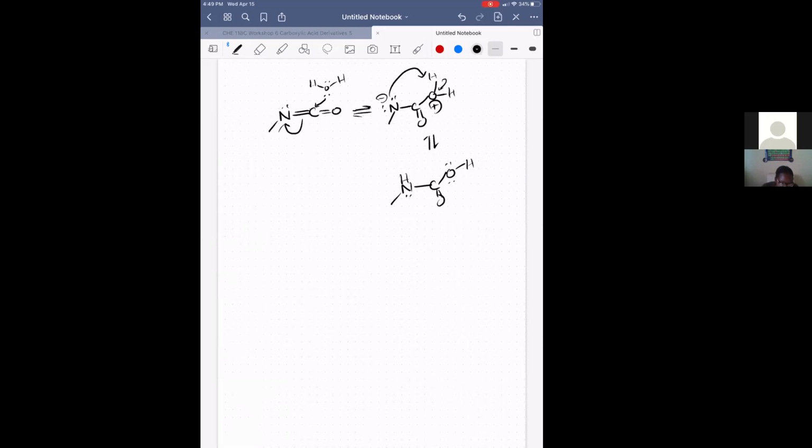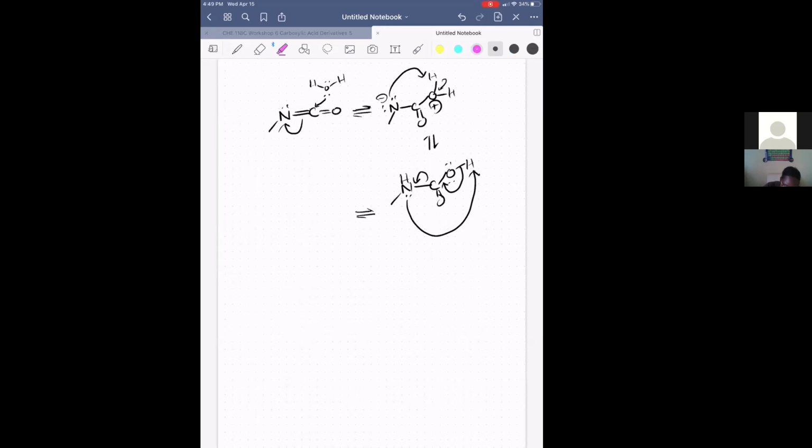And then in this reaction, our nitrogen can deprotonate our alcohol OH group once again, and this generates a double bond between carbon and oxygen, and this causes us to lose our nitrogen as a leaving group. So this causes that bond breaking there.